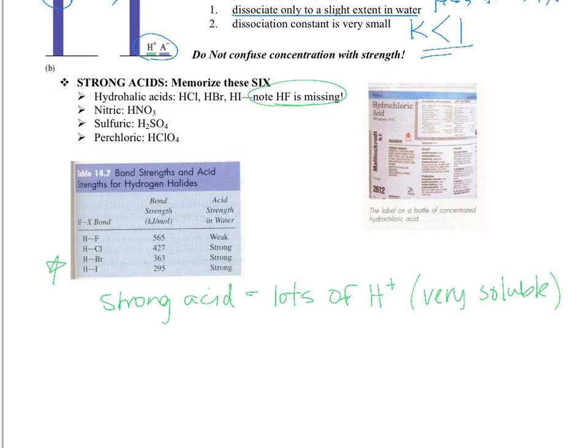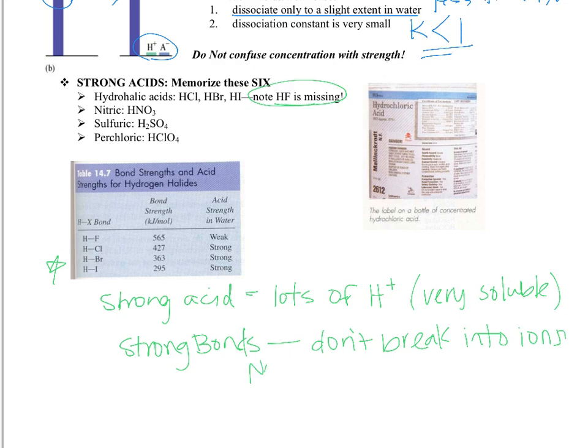So if I look at the strength of my bond, if I have a strong bond, that means it won't make ions. Strong bonds don't break into ions or don't dissolve well. If they don't break into ions, they're not going to be very acidic, meaning they don't have very many H plus ions. So if we compare the HF right here, it's a really strong bond.